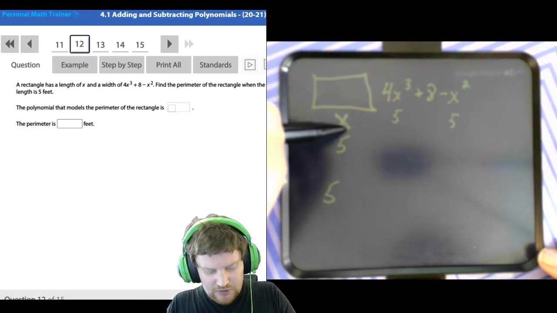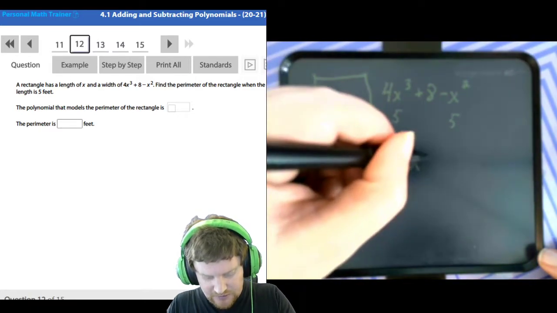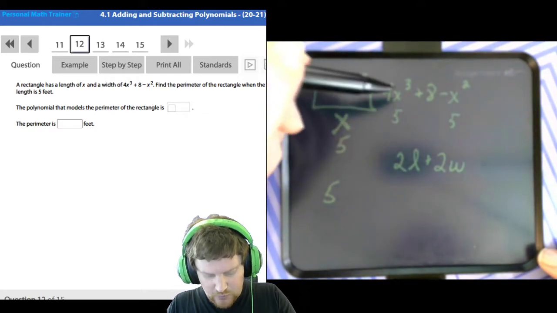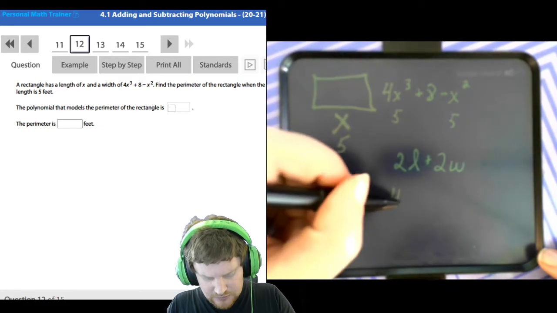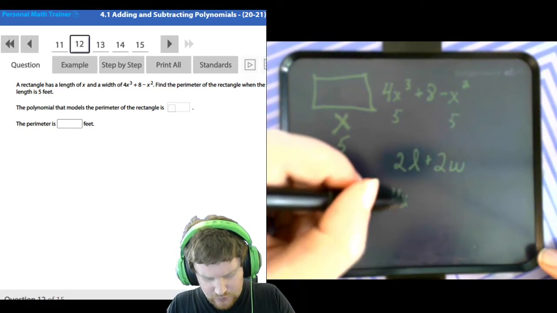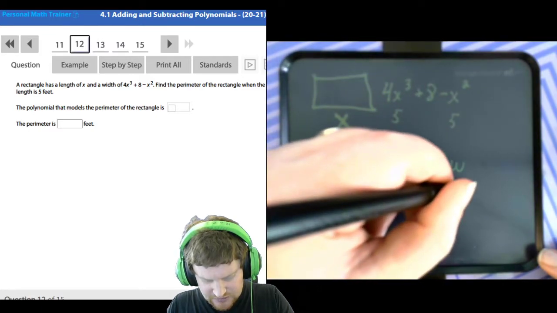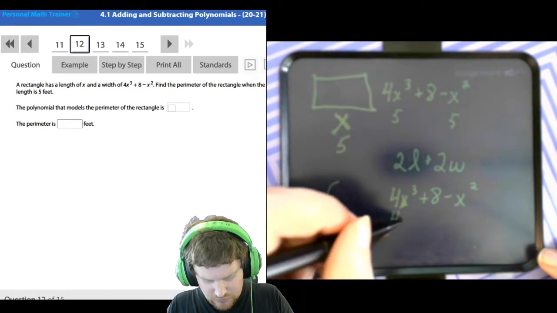Okay. So the formula for the perimeter of a rectangle is 2 length plus 2 width. So if I take width plus width, length plus length, that should get me what I need. So 4x cubed plus 8 minus x squared. And then we'll have that twice.